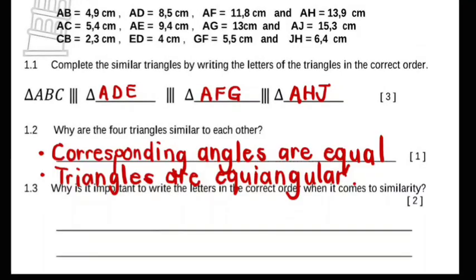Then 1.3 says, why is it important to write the letters in the correct order when it comes to similarity? So the reason why we do this is because when we write them in the correct order, it allows us to see which sides correspond, and which angles correspond to each other.